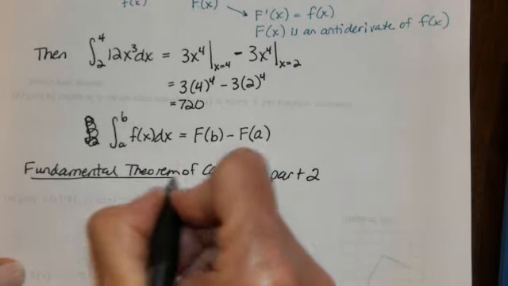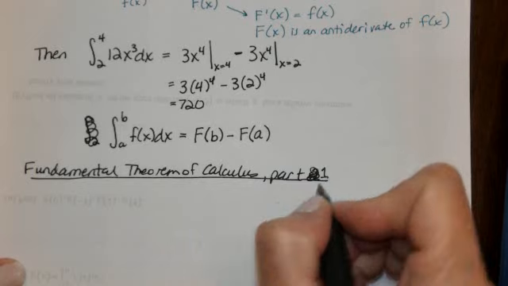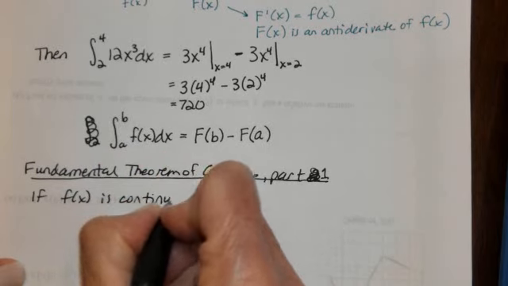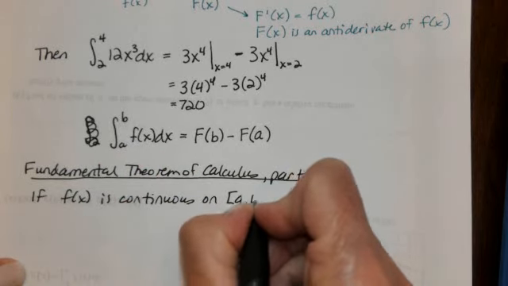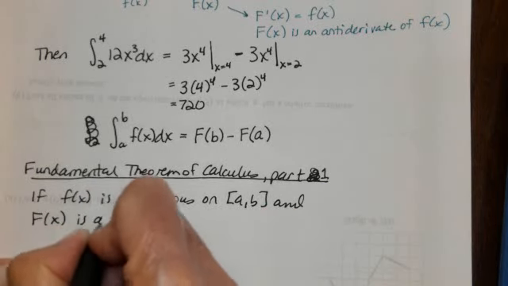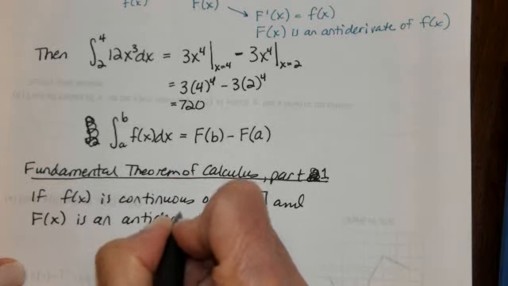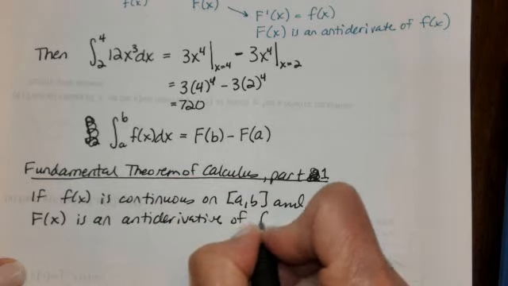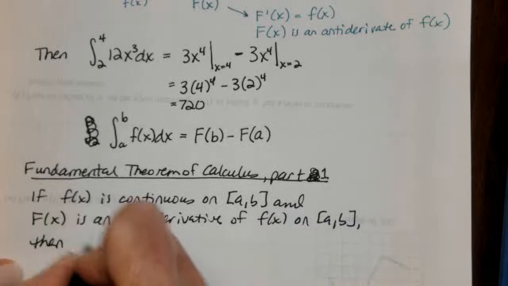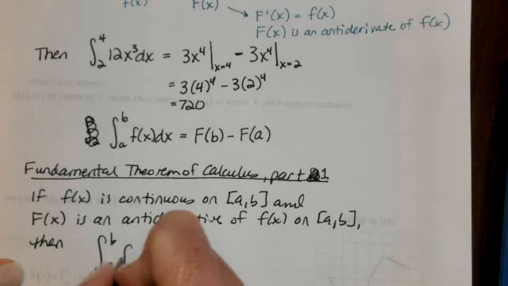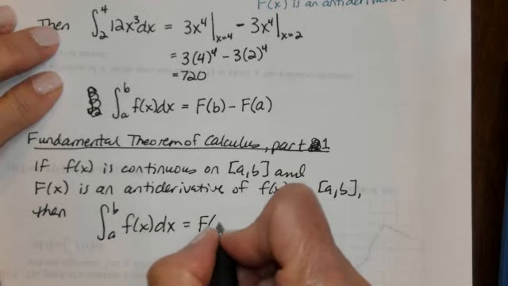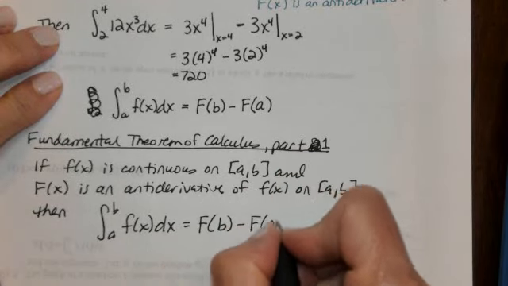Okay, it is: if f of x is continuous on some closed interval a to b, and capital F of x is an antiderivative of f of x on a to b, then the integral from a to b of f of x dx is equal to the antiderivative at b minus the antiderivative at a.